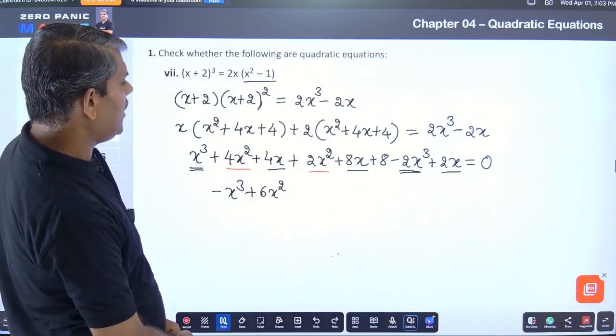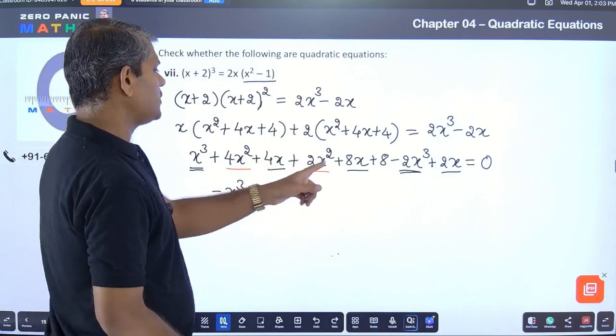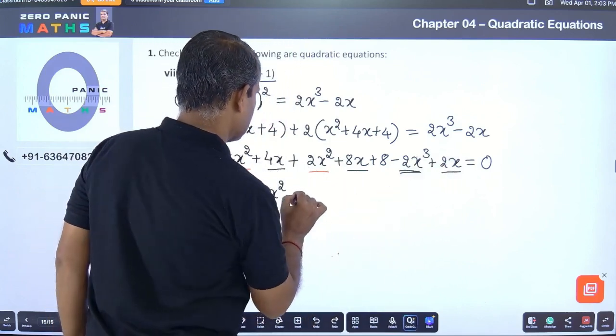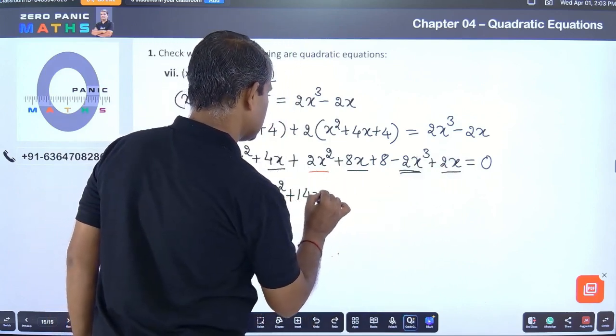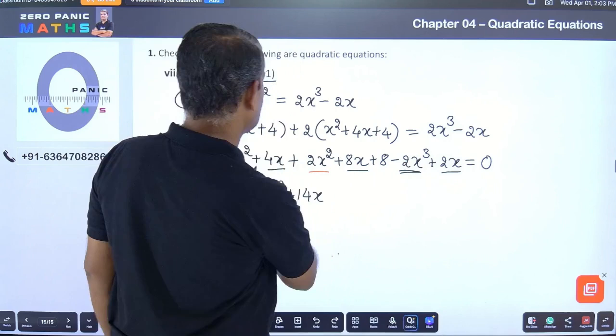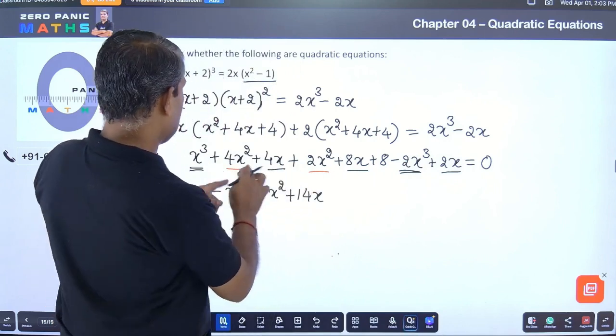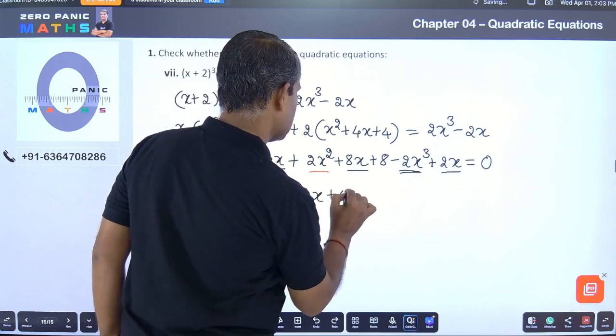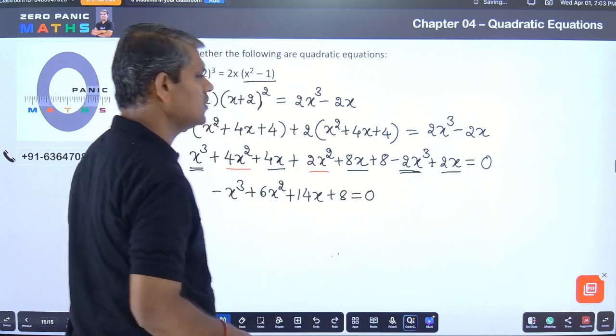Any x terms remaining? No. 4x plus 8x, it is 12x plus 2x, that is 14x. And then finally, what constant terms remain? Any constant terms here? Okay. Finally, it is 8 is equal to 0.